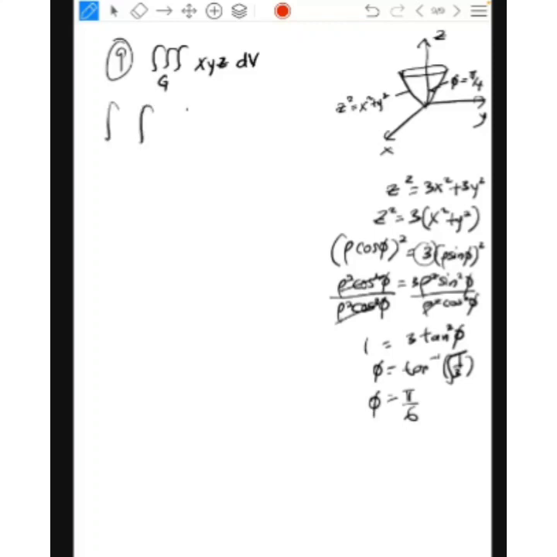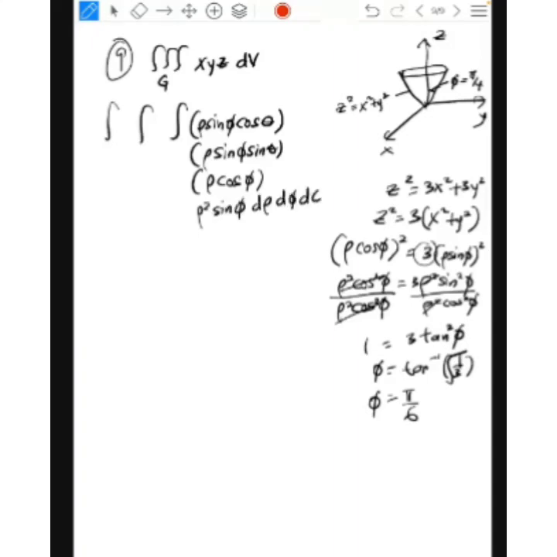So x, y, z. Let's go. So x is rho sin phi cos theta, multiplied by y, which is rho sin phi sin theta, multiplied again by z. Z is rho cos phi, and then dV is rho squared sin phi d rho d phi d theta.